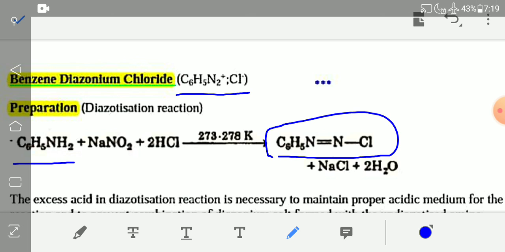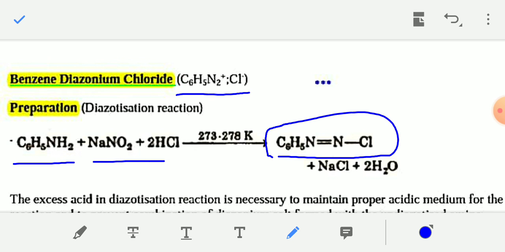NaNO2, sodium nitrite, plus HCl will produce HNO2, nitrous acid, and HNO2 will react with aniline, C6H5NH2, and be converted into benzene diazonium chloride, C6H5N2 plus Cl minus.